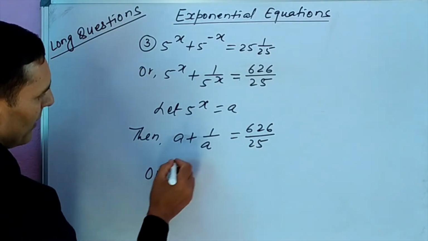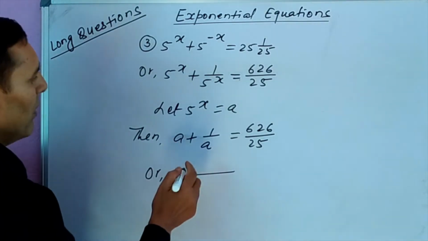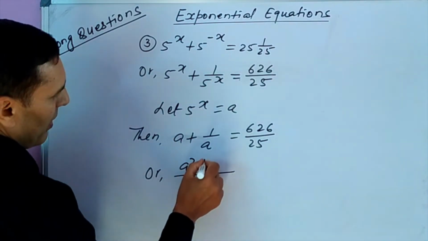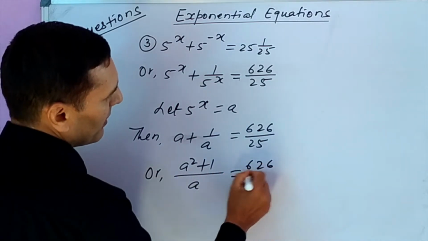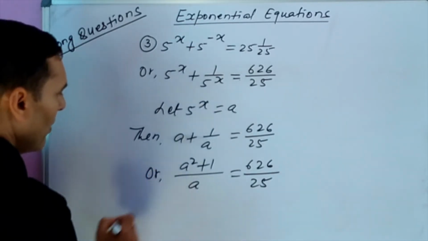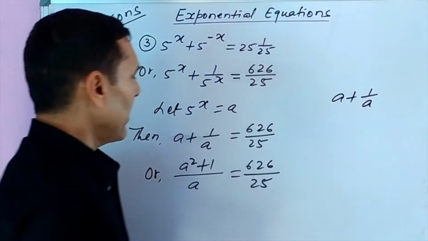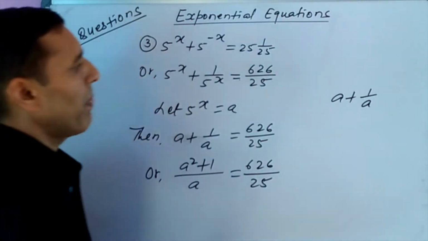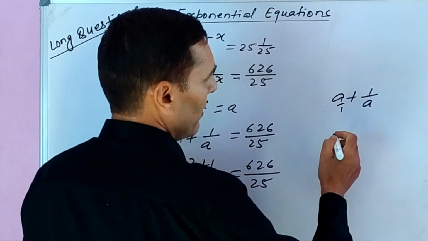Now first we take the LCM on the left hand side. After taking the LCM, the left hand side will be a square plus 1 upon a, equal to 626 upon 25. Everybody will understand this a plus 1 upon a. I have taken the LCM a because the denominator of the first term is 1 and the denominator of the second term is a.